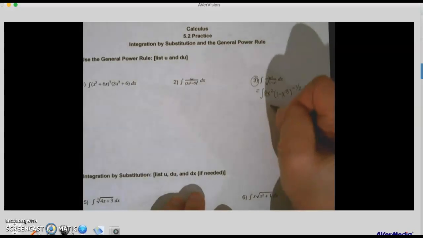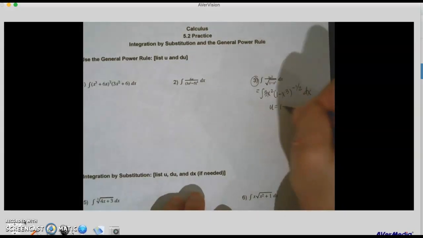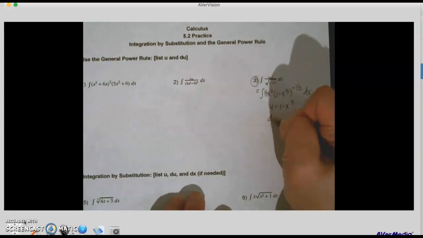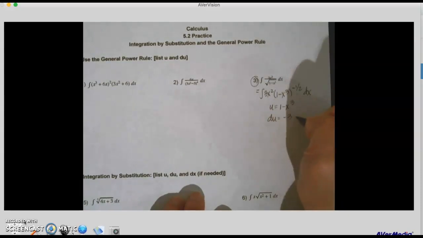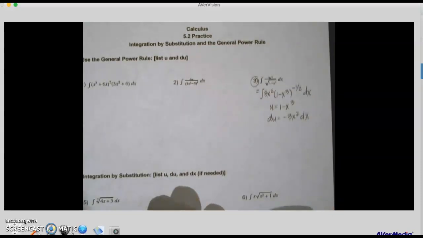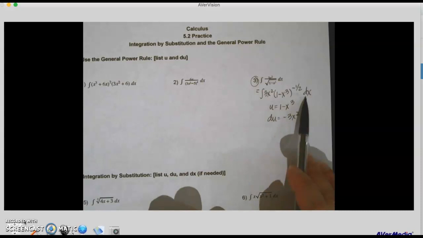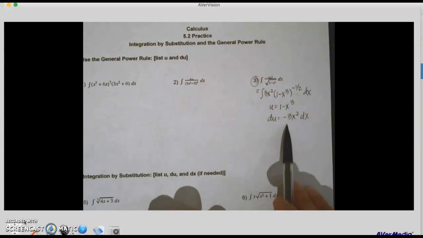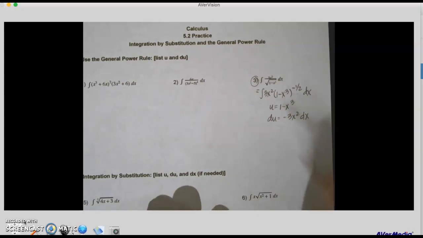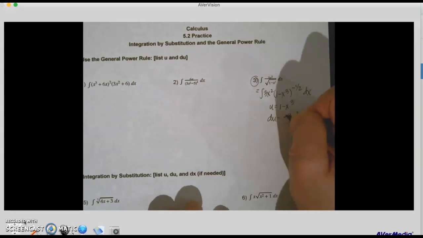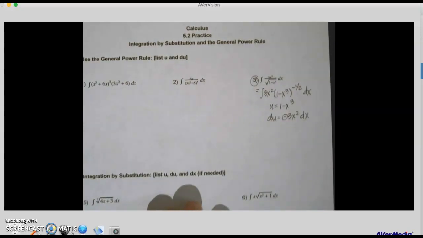We're going to define our u to be the one that's attached to the exponent. And my derivative of that is negative 3x squared dx. So remember, we want to figure out if we're able to make that direct substitution. I have 3x squared dx here, but I have a negative 3x squared dx. So that means that we would have to actually put that negative into our substitution.